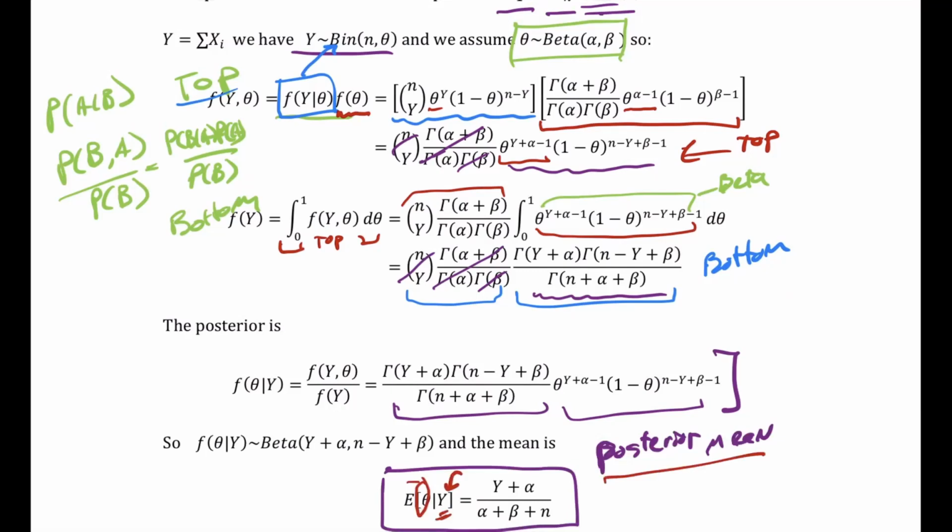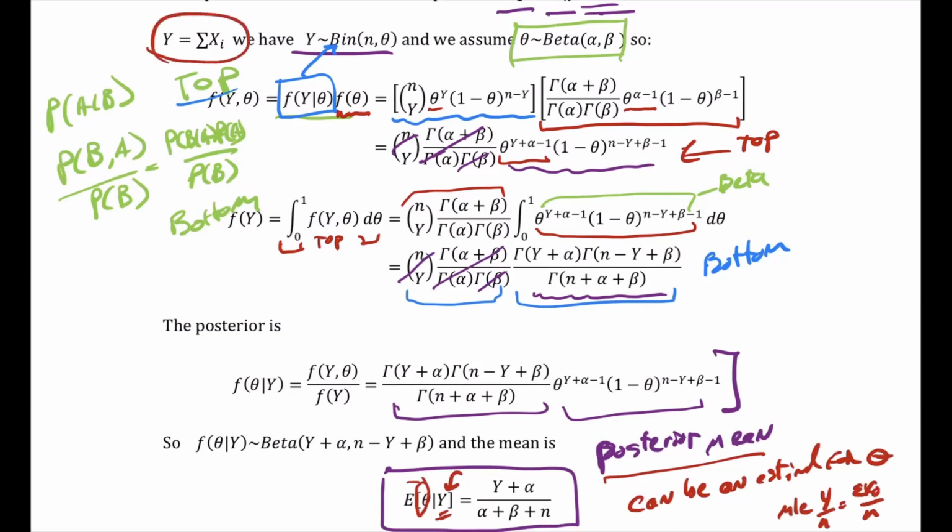And we can use that as an estimate for theta. You can use the maximum likelihood estimator, right? Because the data were binomial, you can use Y over N, which is the same thing as the sum of the X's over N. Remember that?